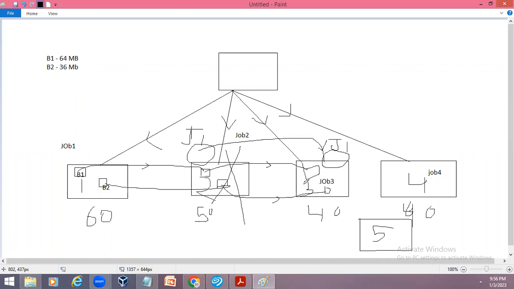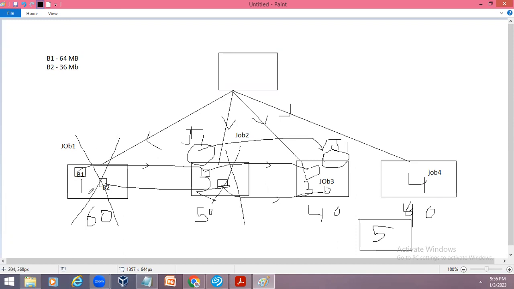Now, what is the benefit of it? Because we are using commodity hardware, cheap hardware, suppose in any way your node 1 goes down. If you haven't made a replica of your blocks B1 and B2, you will lose your data completely.